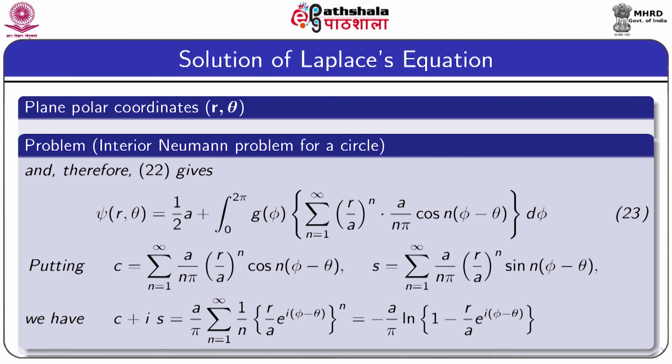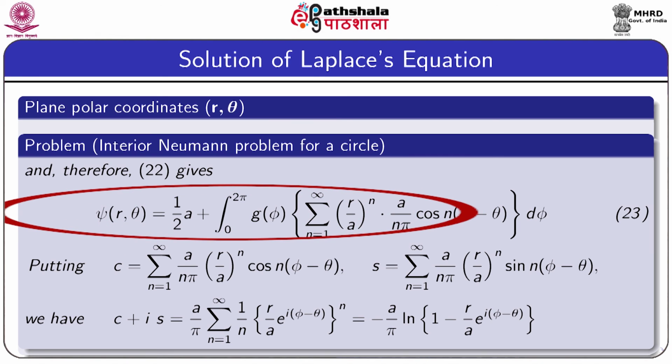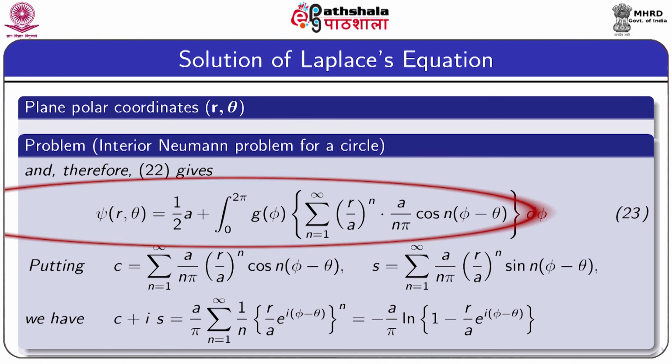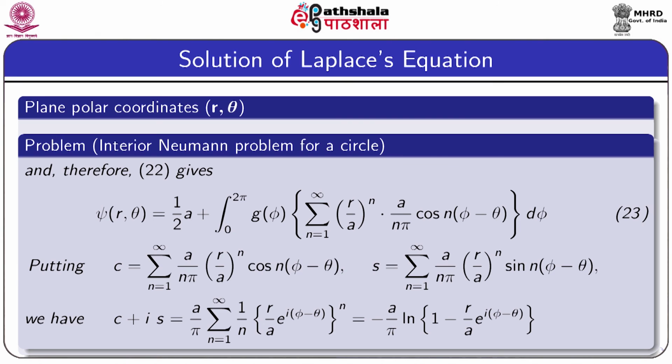Therefore, the solution becomes psi equals half a0 plus integration 0 to 2 pi g phi into the infinite sum of r by a to the power n, a by n pi, cos n phi minus theta d phi.